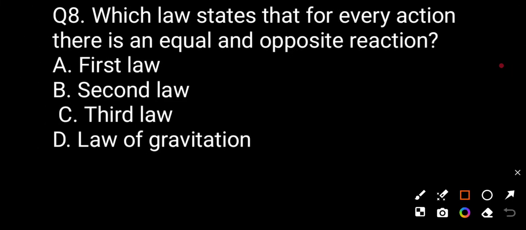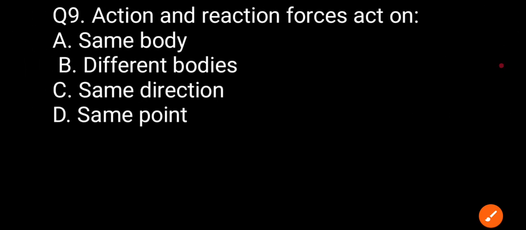Now question number 8. Which law states that for every action there is an equal and opposite reaction? First law, second law, third law, law of gravitation. The correct answer will be Newton's third law. Question number 9.